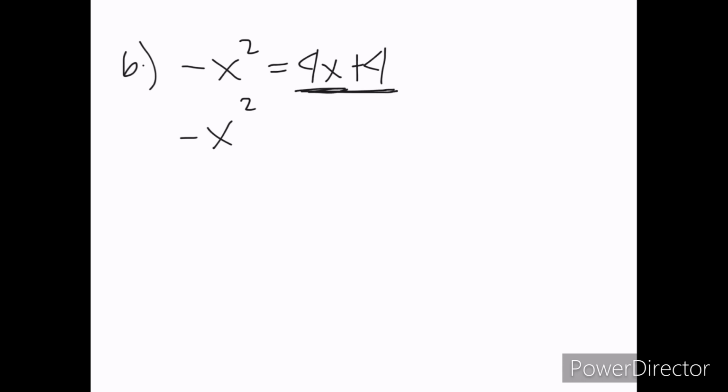First, the 4x. Since it is positive, if we transpose it to the other side, it becomes negative 4x. Then the constant term, which is positive 4, if we transpose it to the other side, it becomes negative 4. Then equate it to 0.